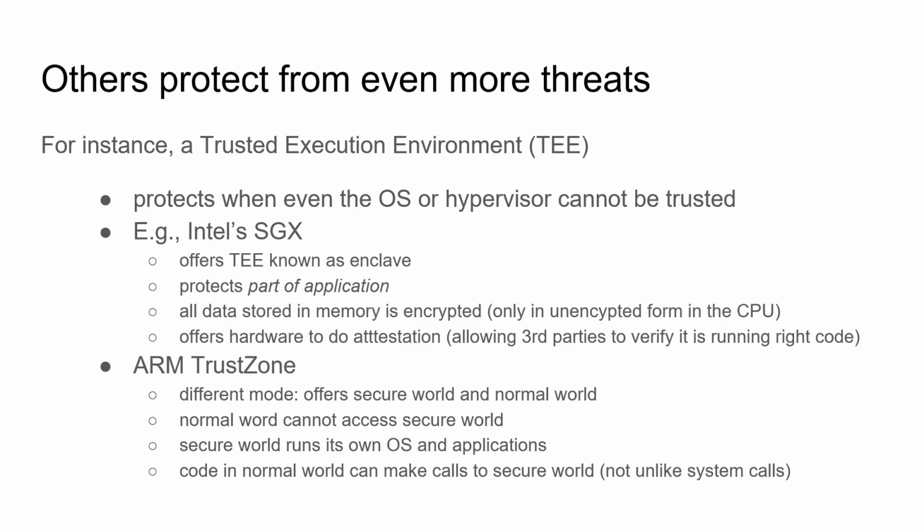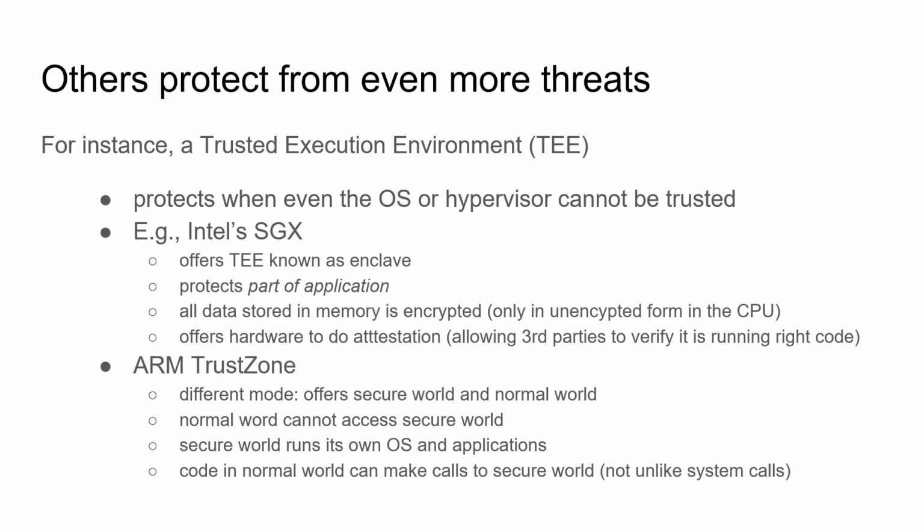So it cannot see any values that are in memory in the enclave. It cannot read the registers in the enclave, and so on. And the way it guarantees that, for instance, is by means of encryption. All the data that is stored in memory will always be encrypted, and it's only used in unencrypted form in the CPU itself.